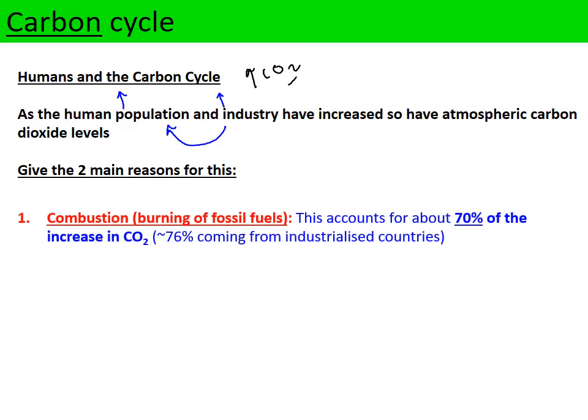Now, the two main reasons for increased CO2 in the atmosphere, one is, as we just mentioned, combustion of fossil fuels. So this includes coal, oil, and obviously natural gas. These are very carbon rich, and we know they're extracted from the earth because dead plant and animal material over thousands of years has been highly compressed at very high pressures and high temperatures under the earth.